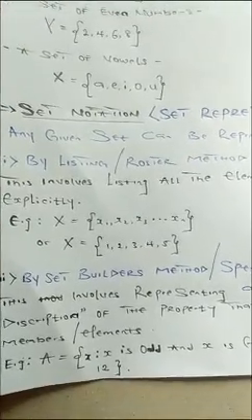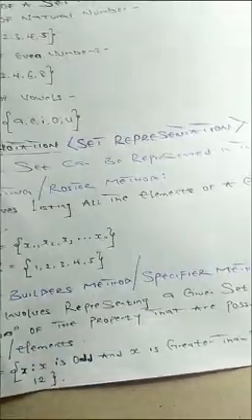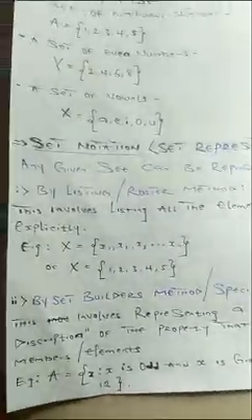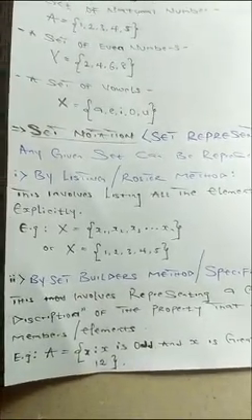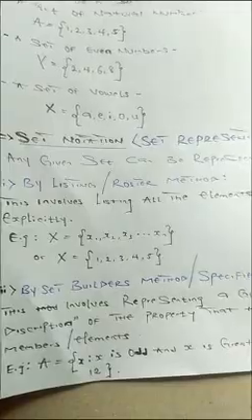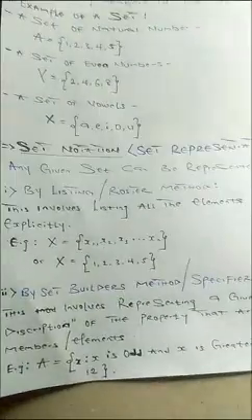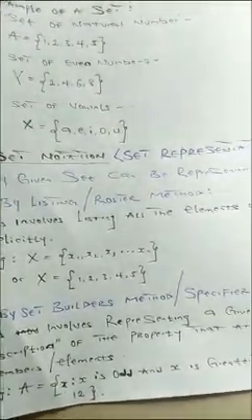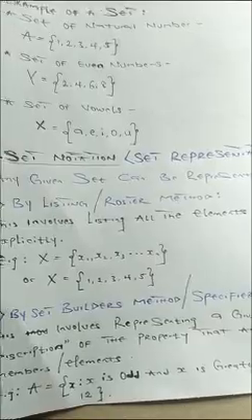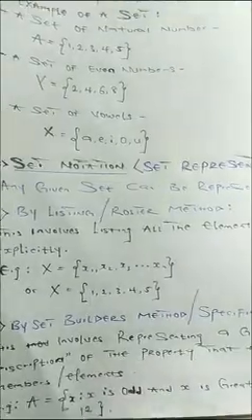Number two, we have what we call the set builder method, or specifier method. This involves representing a given set by a proper description of the properties that are possessed by its members or elements.